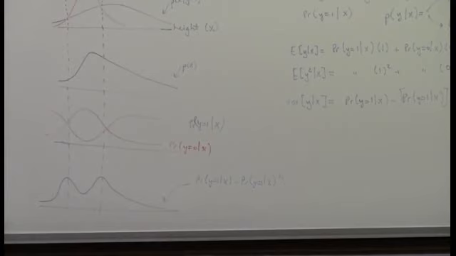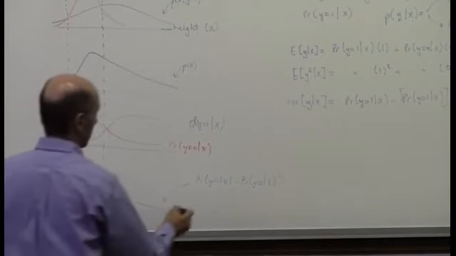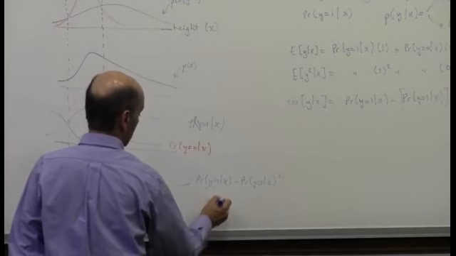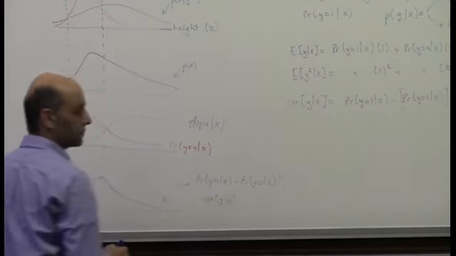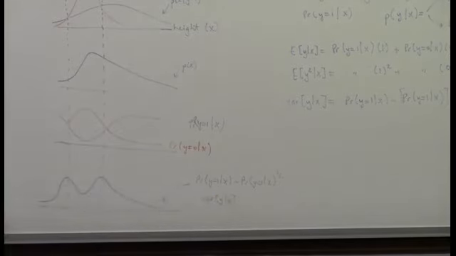And that's basically the variance of y given x. That's my uncertainty about my classification.